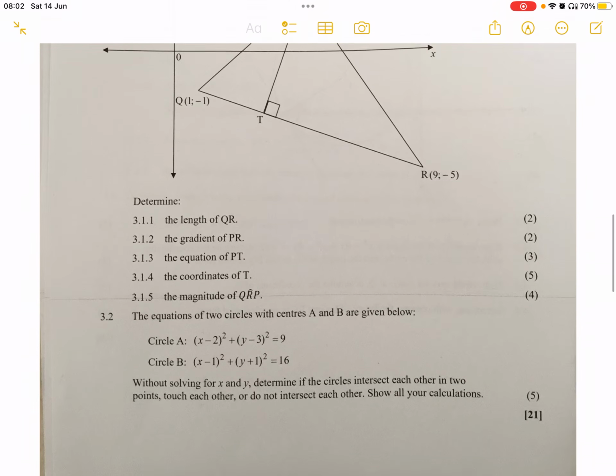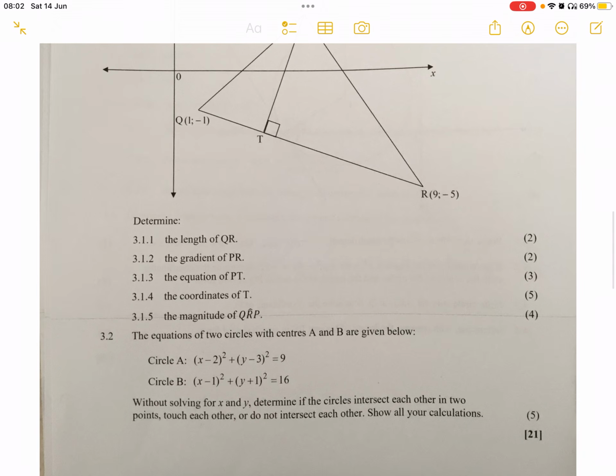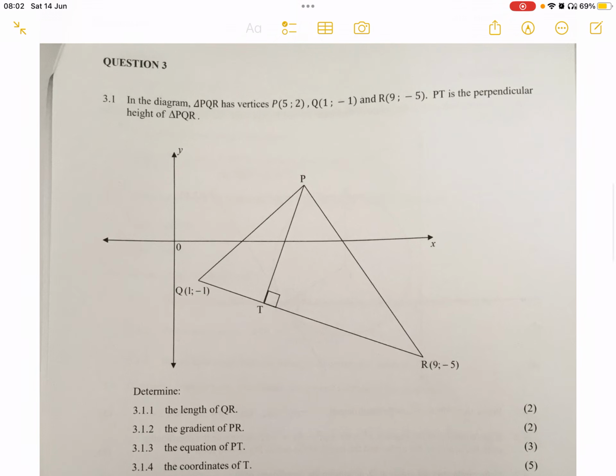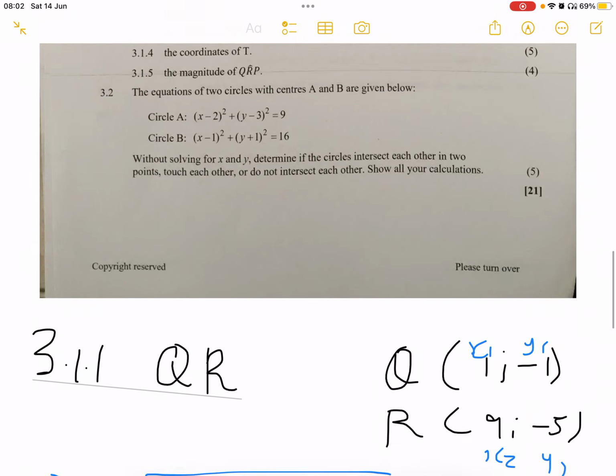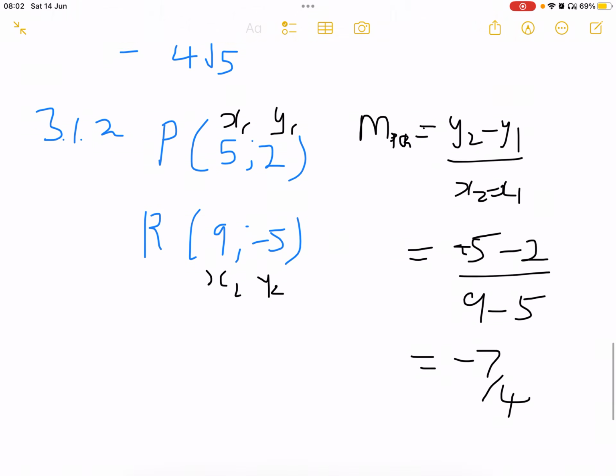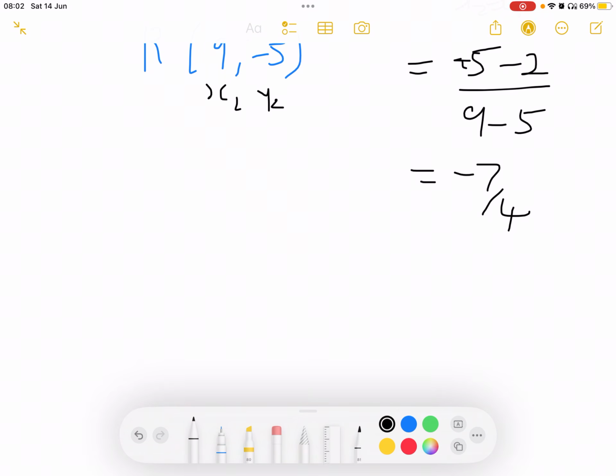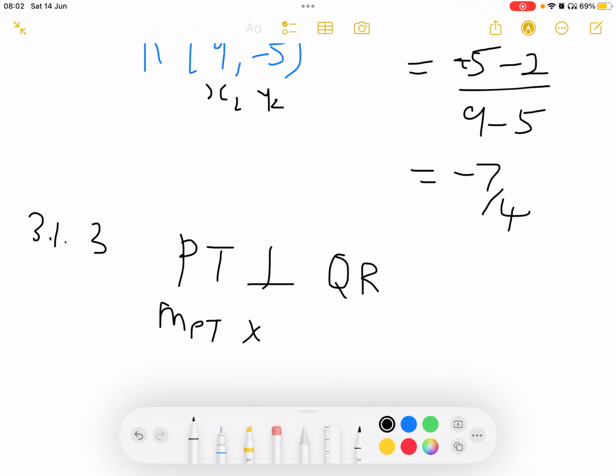3.1.3 says determine the equation of PT. Now PT is that perpendicular height from QR. We said that PT is perpendicular to QR, which means the gradient of PT times the gradient of QR will be equal to negative 1.